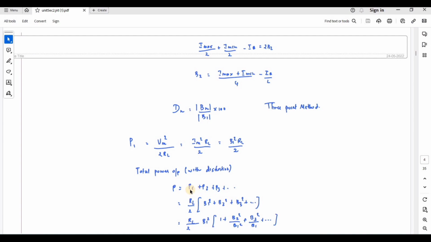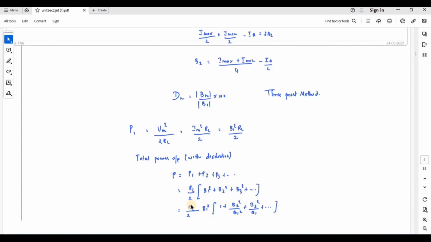I can write P1 as B1 square RL divided by 2, P2 is B2 square RL by 2, and P3 is B3 square RL divided by 2. Taking RL by 2 B1 square common, I will get 1 plus B2 square divided by B1 square plus B3 square divided by B1 square, and it goes on.